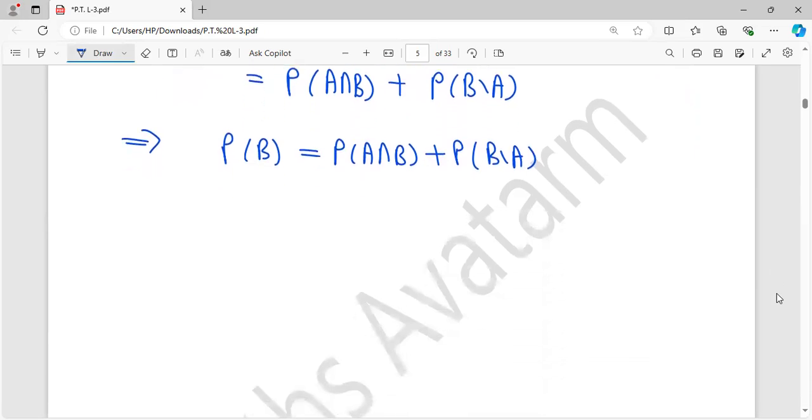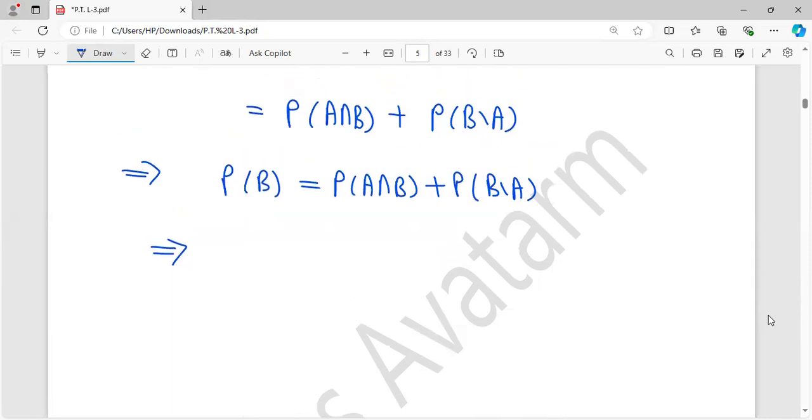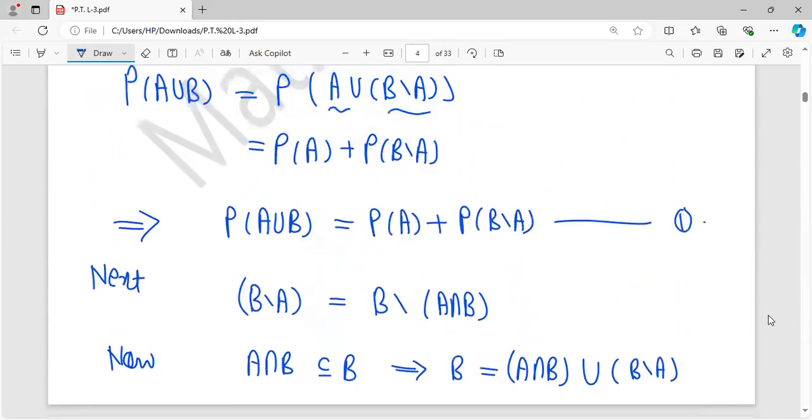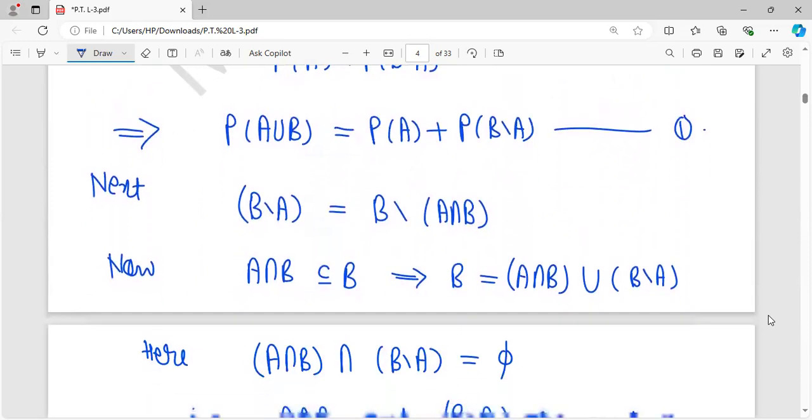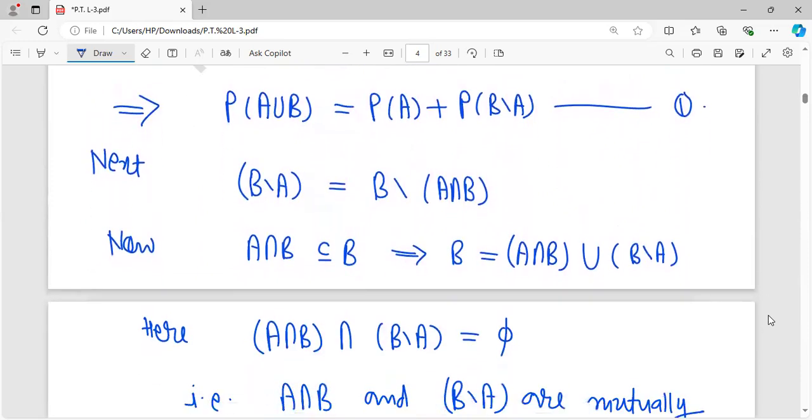So solve this for B minus A. So here this much is required.